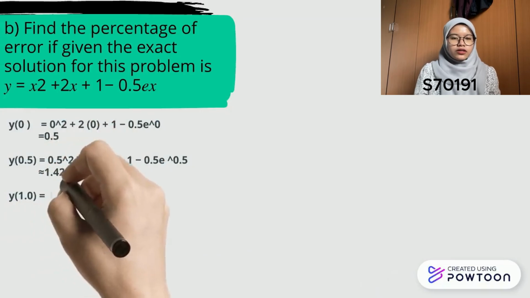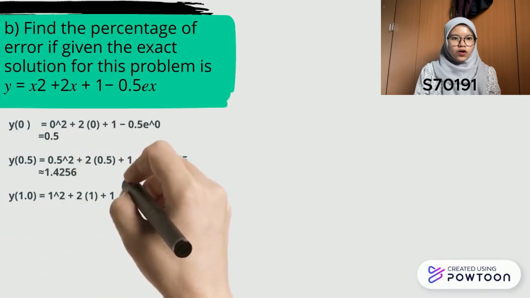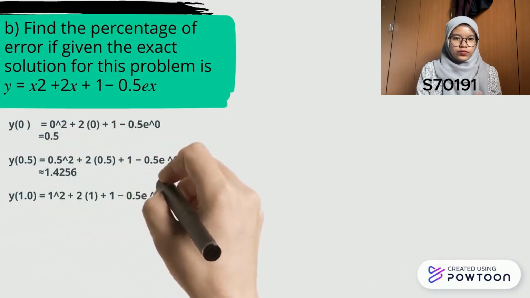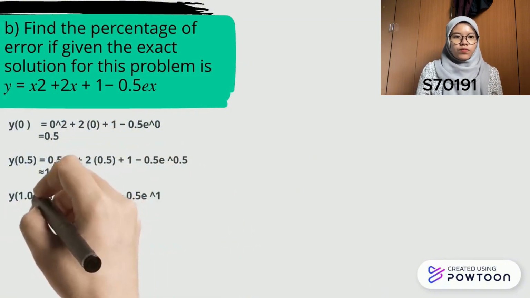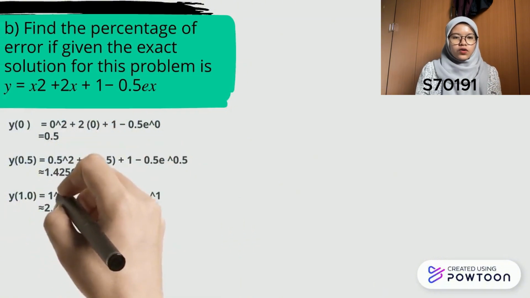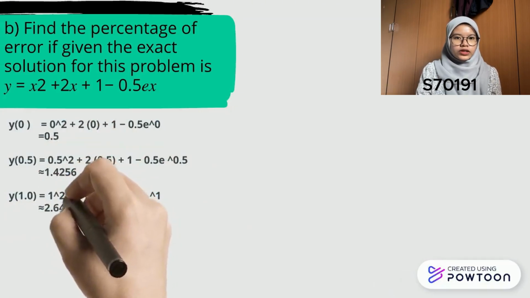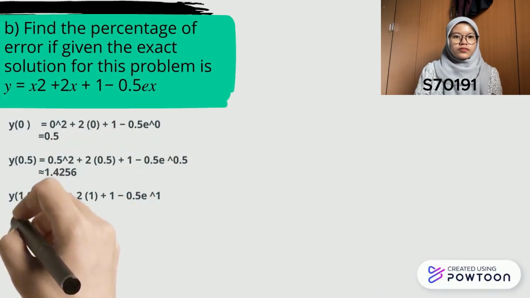Example conclusion. For x equals 0, the exact value of the function is calculated as y(0) equals 0 power of 2 plus 2 multiply 0 plus 1 minus 0.5 e power of 0. So the answer is 0.5.